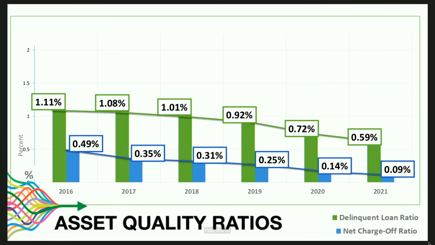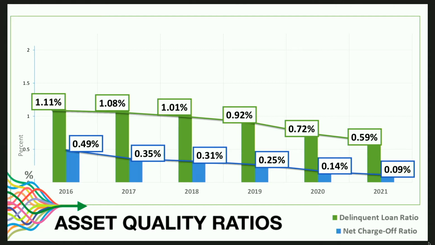The next slide shows the condition of our loan portfolio. On this slide, the lower the ratio, the better. Here we can see our loan charge-offs as a percentage of our loans continues to trend lower, dropping from 0.14% to 0.09%, which is the lowest we have experienced since 1994.